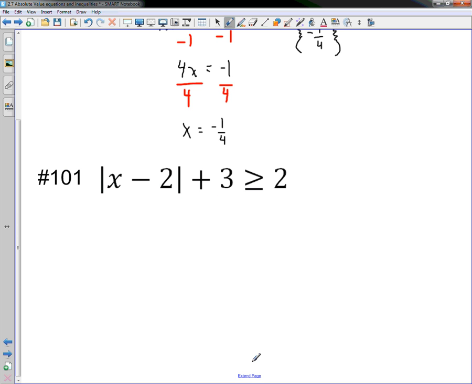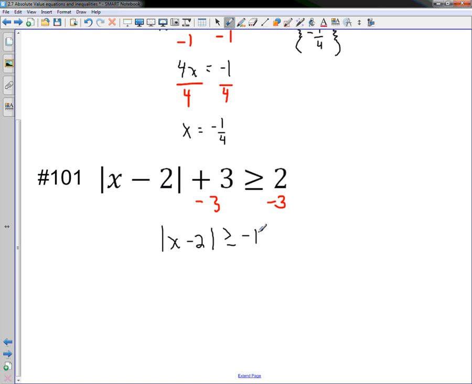Let's do another one. Again, we have plus 3 here, so let's go ahead and subtract that over before we evaluate anything. And we have the absolute value of x minus 2 is greater than or equal to -1.